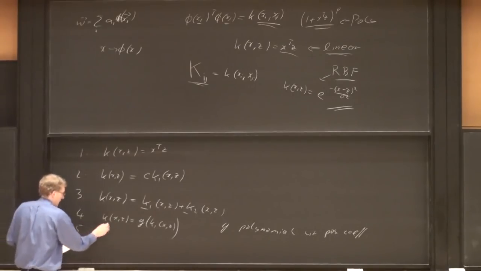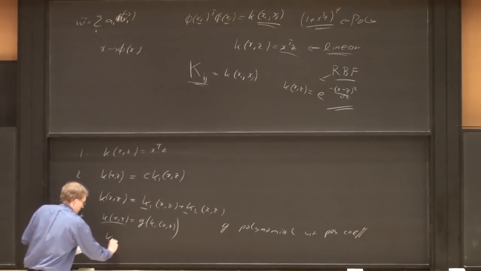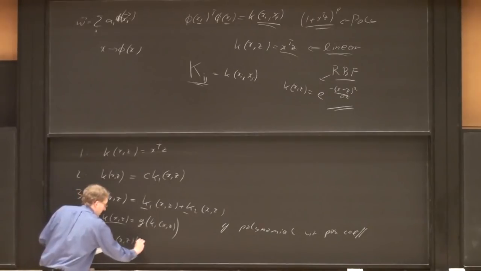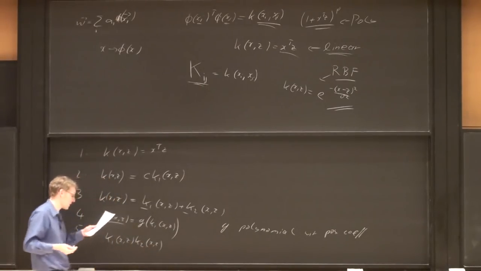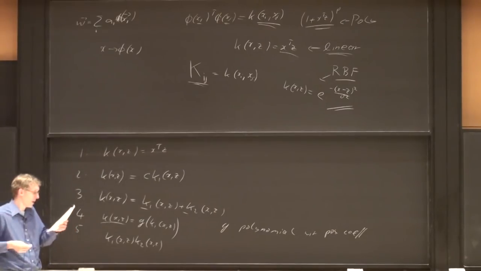Number 5, I'm just going to skip this now. I can just take two kernel functions and multiply them. It still stays a kernel. Number 6 is an interesting one.